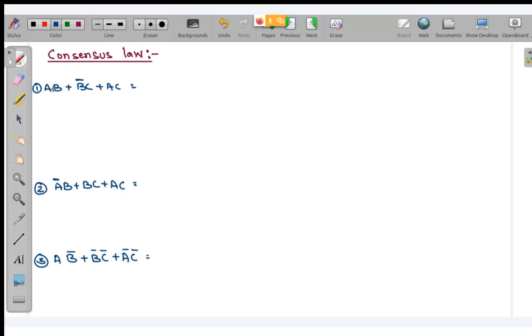See this expression: A dot B plus B bar C plus AC. I can write it like this. So this is AB plus B bar C dot 1 plus AC.